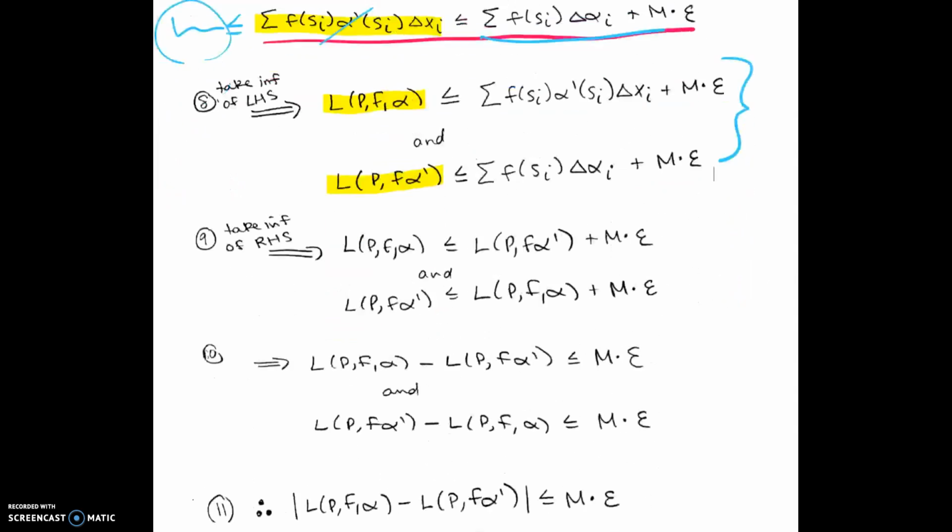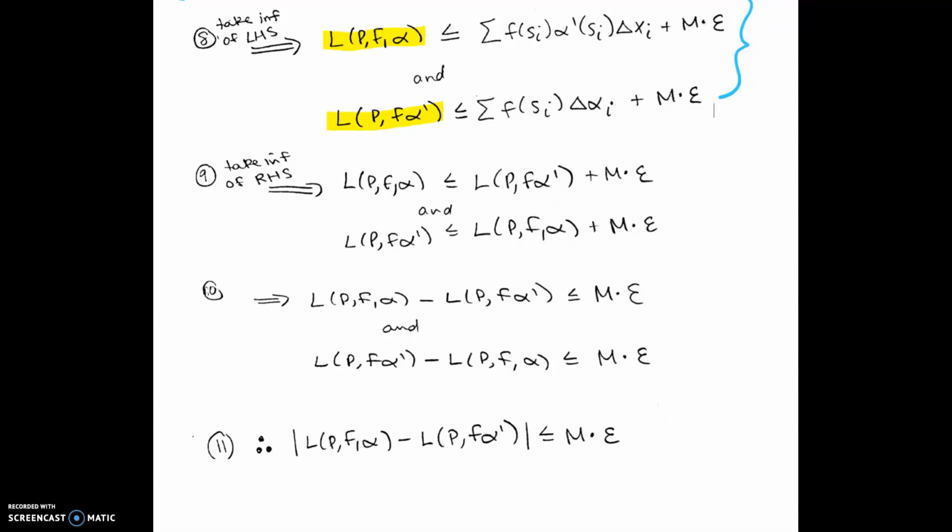Okay, so now that we took the inf of the left-hand side, now we're going to take the inf of the right-hand side. The inf of this would be L of P, f, alpha. The inf of this first one would be L of P, f, alpha prime. The inf of this second one would be the lower sum of P, f, alpha.